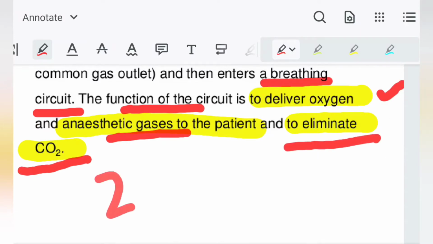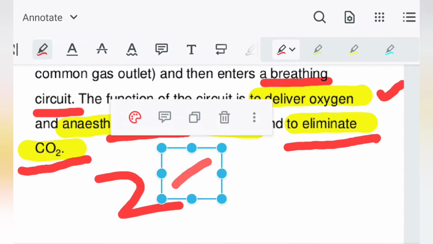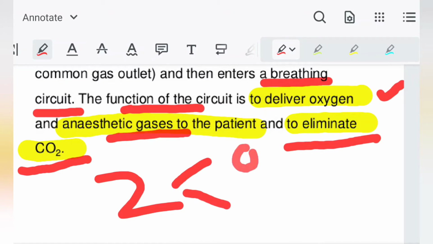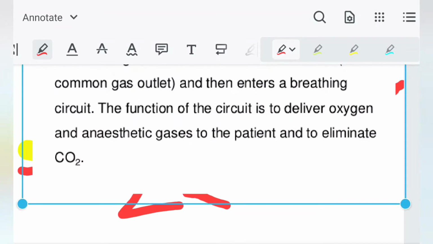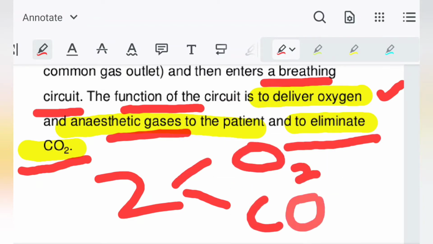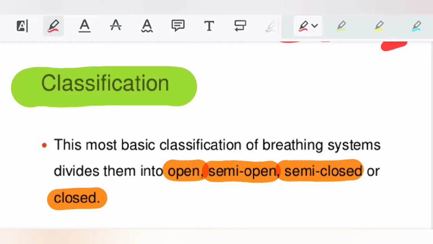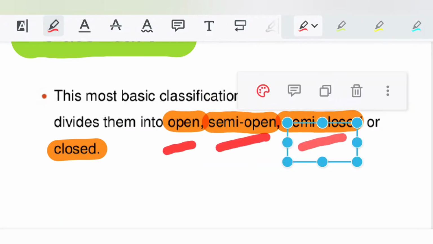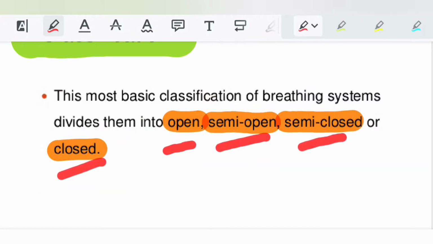So it has two functions: first, O2 delivery from the anesthesia machine, and second, CO2 removal. Breathing circuits may be classified into open, semi-open, semi-closed and closed.